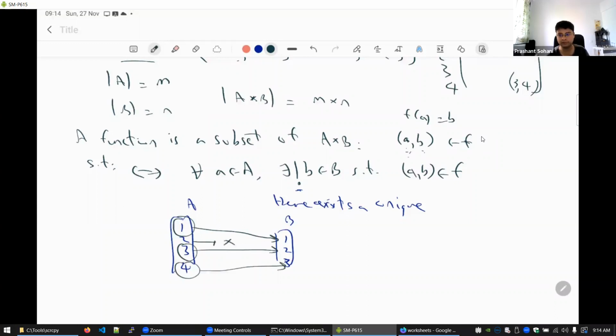So this will not be a function, right? Every element of A has to be represented. So 2 has to map to some object. For example, suppose 2 also maps to 1. Then you see our function f will be comprised of these pairs: 1,1, 2,1, 3,2, and 4,3. So this represents all the possible pairs of A and B such that f of a is equal to b.